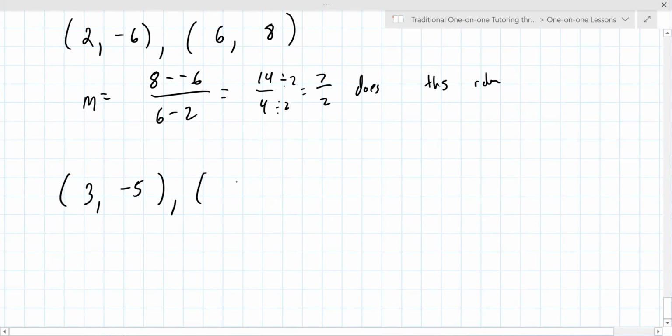So let's do 5 comma, let's do 9. All right. So try this one, please.